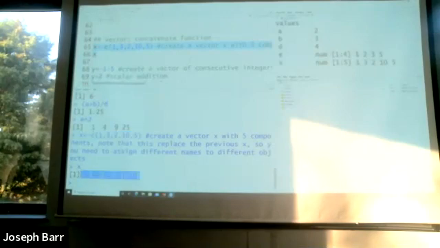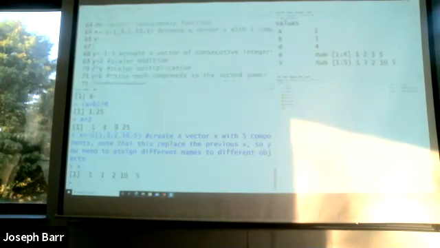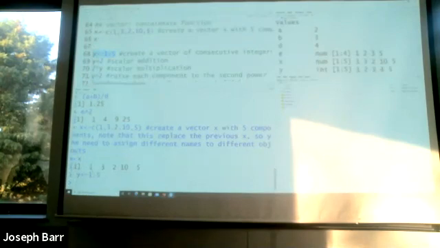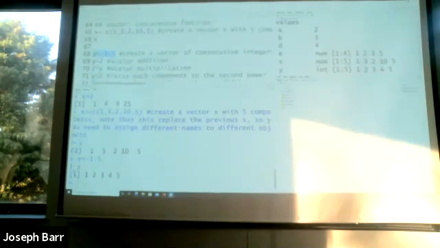This is your vector. And if it's a vector created by 1 to 5, then you can just type Y here. So it returns 1, 2, 3, 4, 5. This is one way to create consecutive integers.